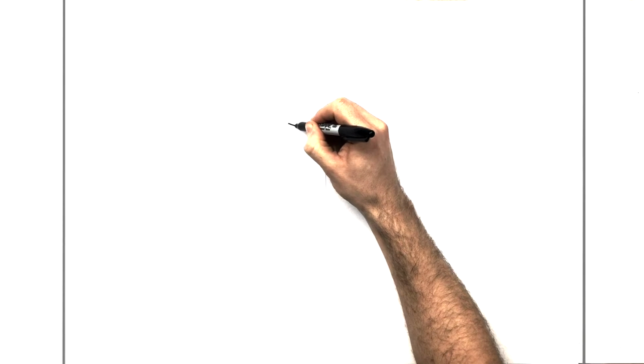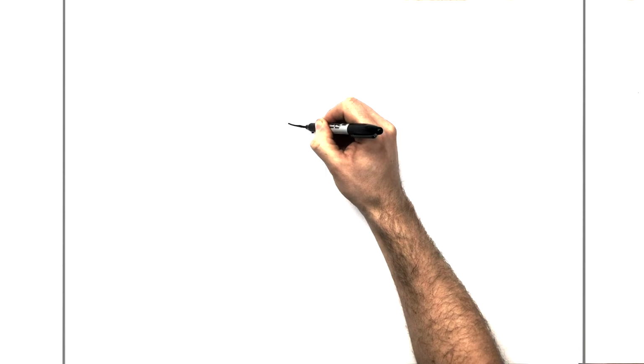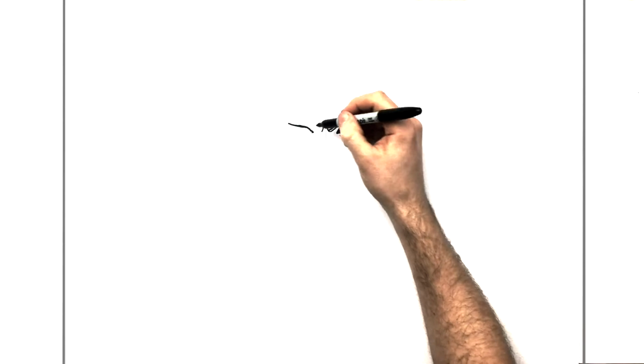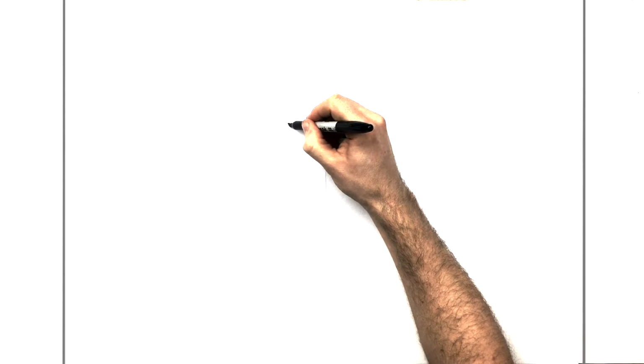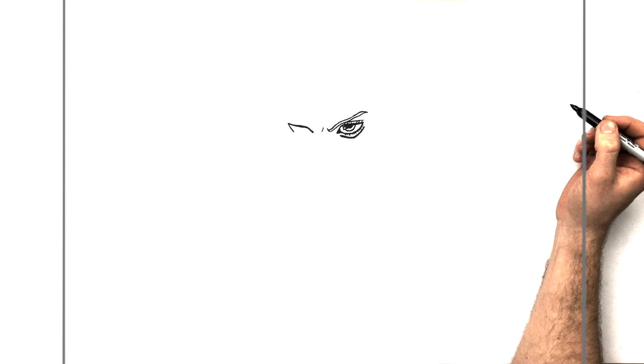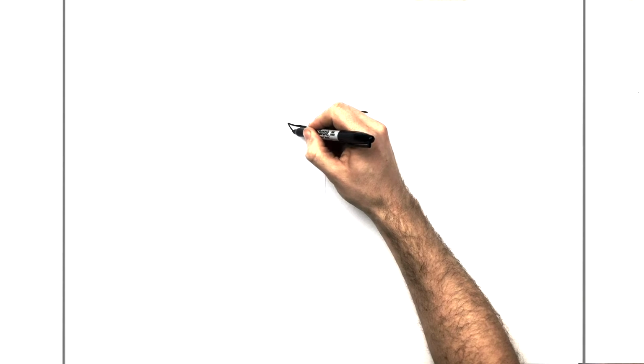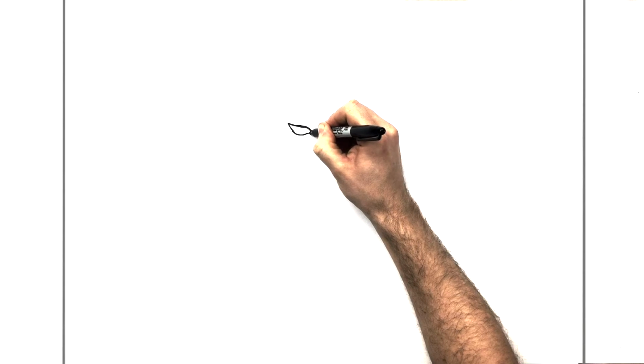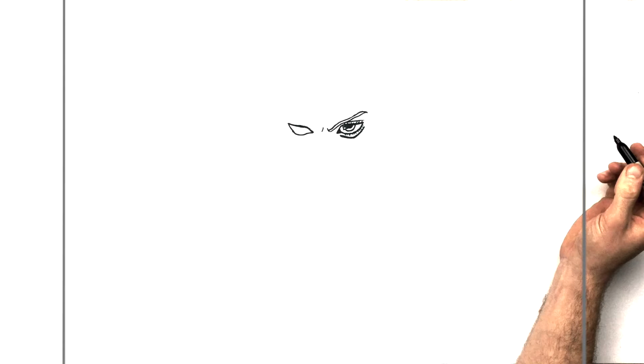Comes to a little point at the end. And you can make that line pretty thick. And then this is going to come down this side. And it's going to curve around and back into the tear duct, just in there.